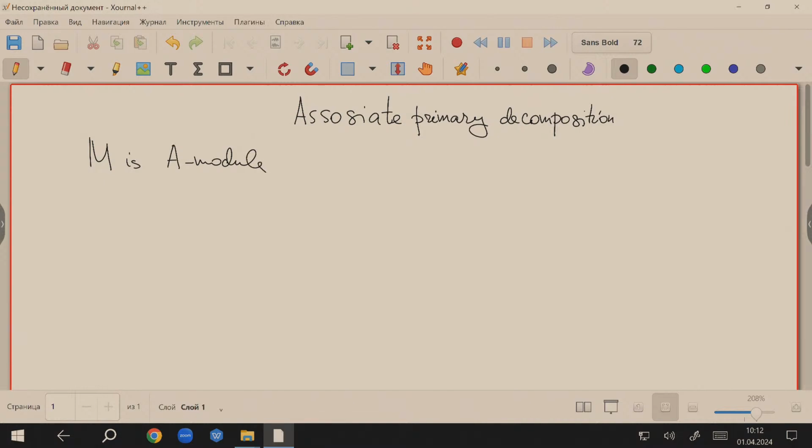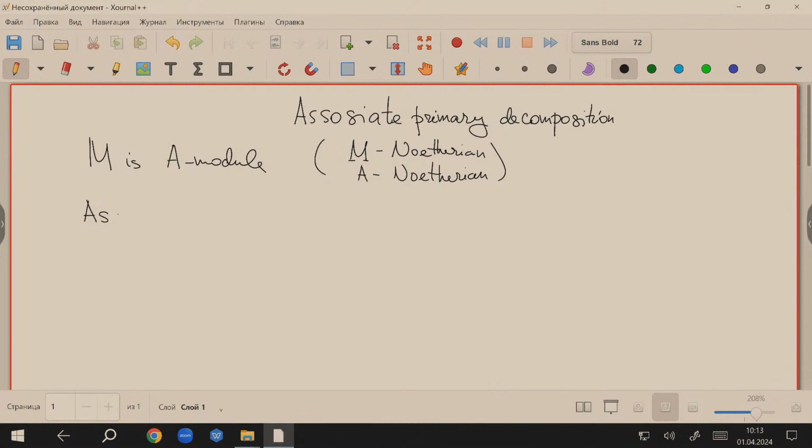Later, at some point, we shall require that M is Noetherian and A is also Noetherian. But at the beginning of the story, you shouldn't make these assumptions.